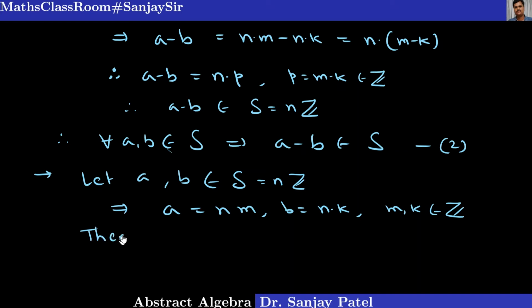Then if you find the product of these two, A and B, I will get nm multiplied by nk, which I can write as n times (m into n into k).